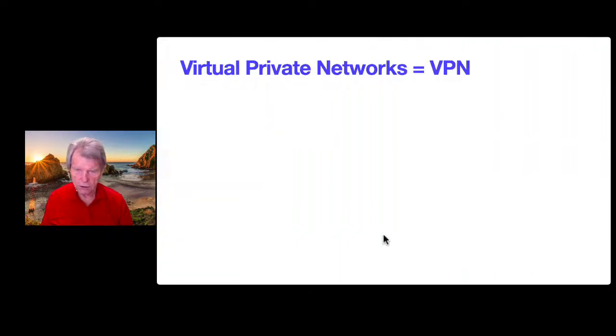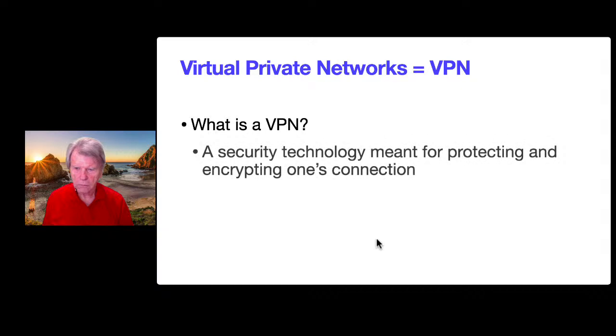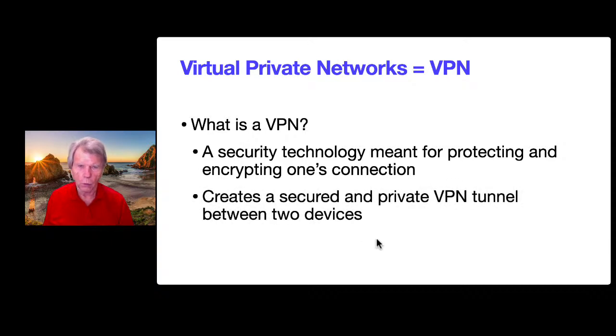So, VPNs. What is a VPN? It's a security technology that is meant to protect and encrypt your connection to the World Wide Web. It works by creating a secure and private VPN tunnel between two devices.